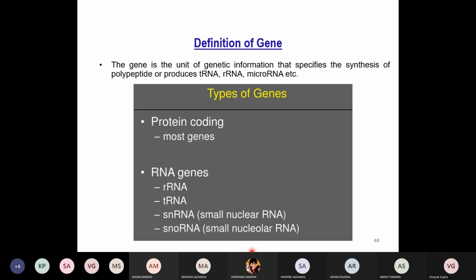Whatever RNA we have in the cell is a product of transcription. So this is the latest definition of a gene: the fragment of the DNA that is going to code for a protein or produce tRNA, rRNA, microRNA, etc.